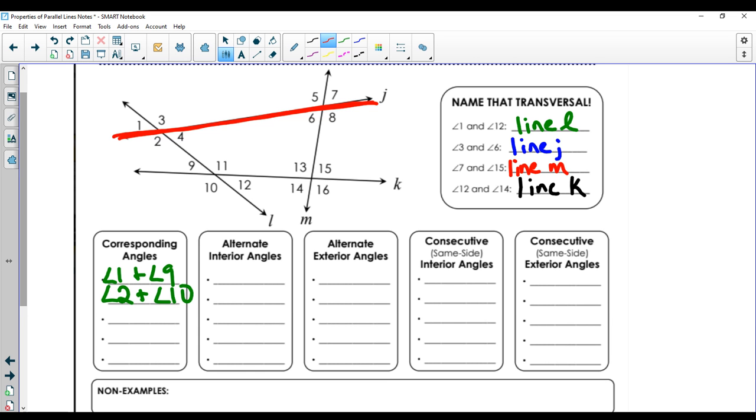Now we're going to let J be our transversal. Okay, so now we're going to look at lines L and M, and their transversal is line J. So our neighborhoods now are 1 through 4 and 5 through 8. Who's corresponding here? Well, 2 and 6 correspond.